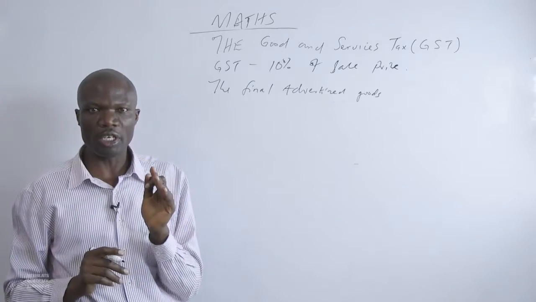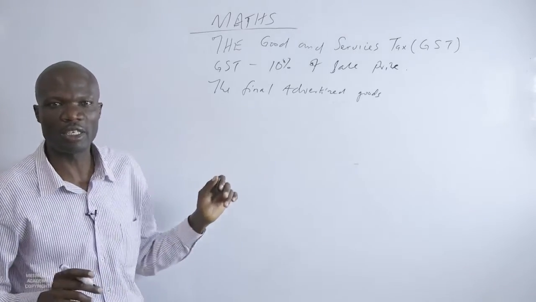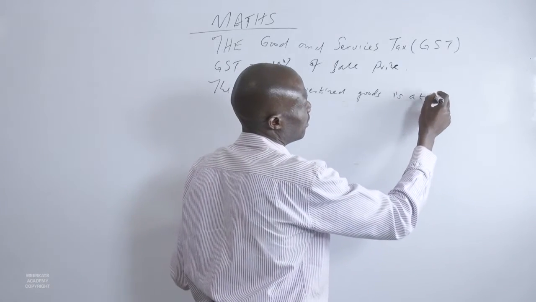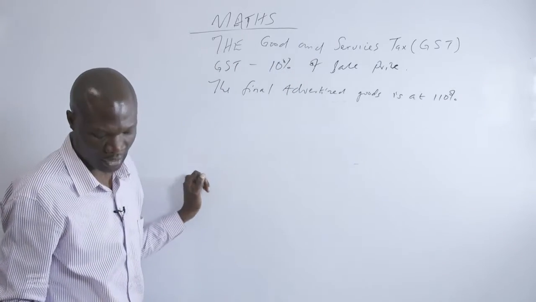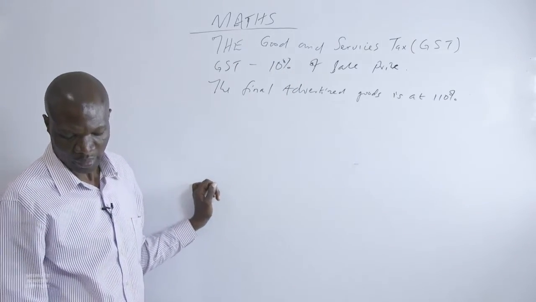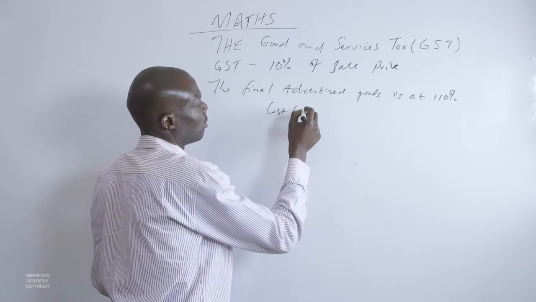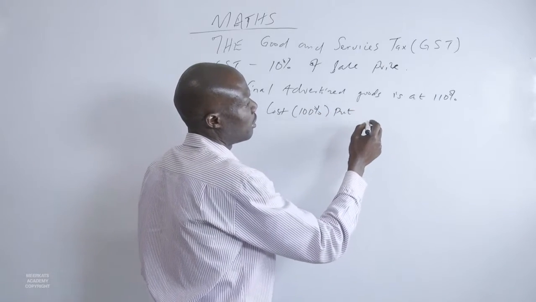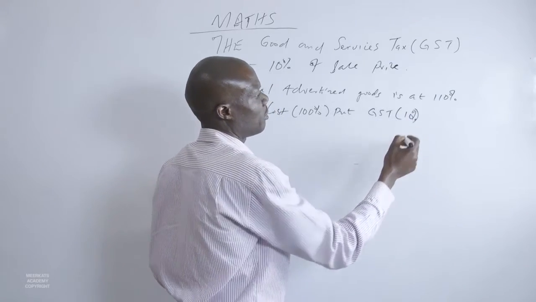So the final commodity that is advertised is at 110%, which is cost plus the GST, which is 10%.